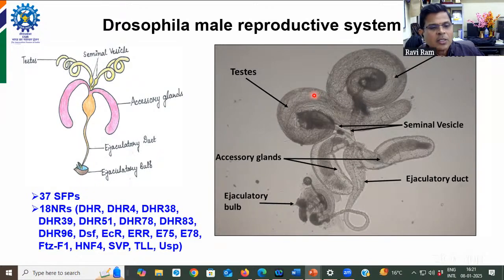So we took 37 genes which are associated with seminal fluid proteins and 18 nuclear receptors. Like I said, estrogen receptor and androgen receptor, equivalents of those receptors are present in Drosophila, and 18 of those are present. So we took all those 18.